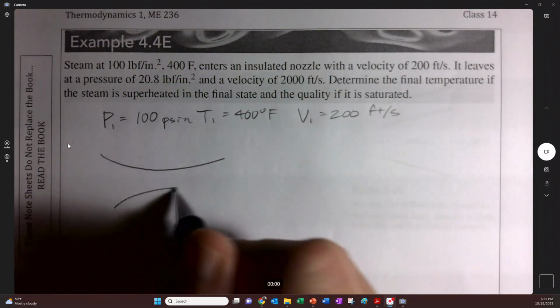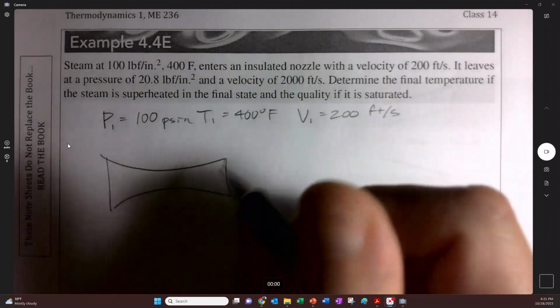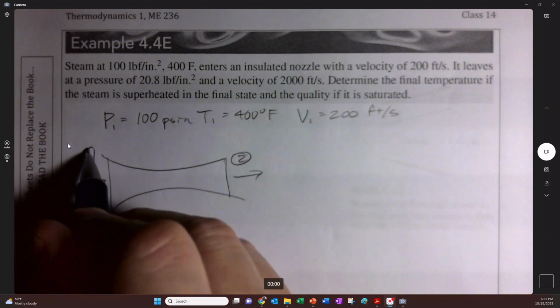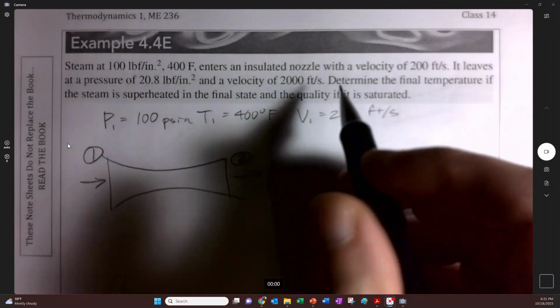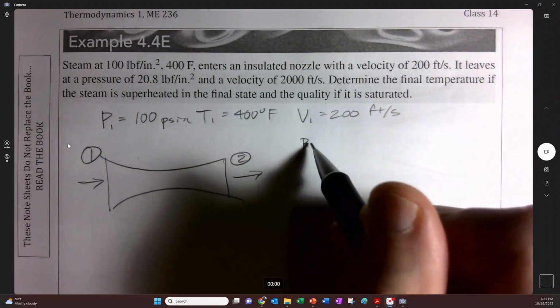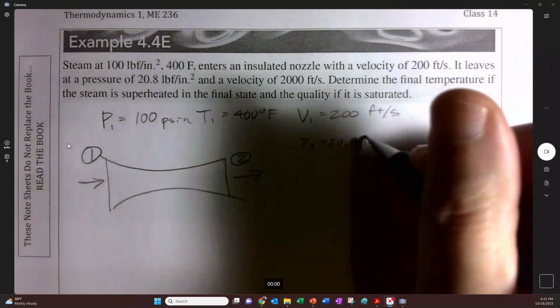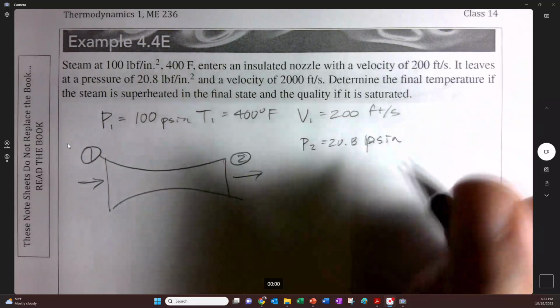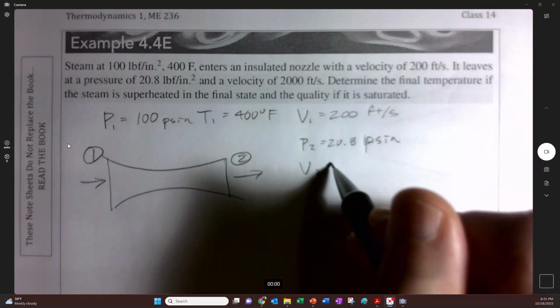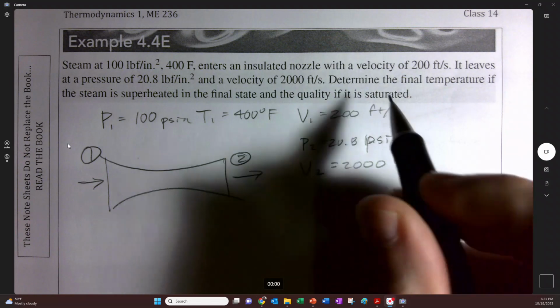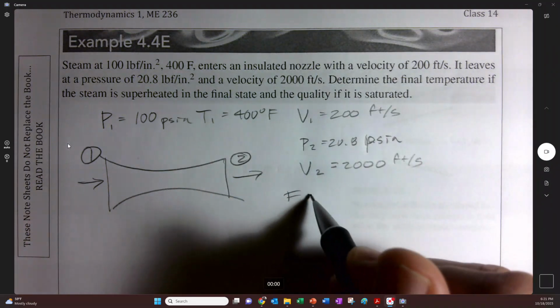So we have a nozzle coming like this, where this is coming in and that is going out. So this is 1 and this is 2, and P2 is 20.8 psia, and V2 is 2,000 feet per second. So determine the final temperature.